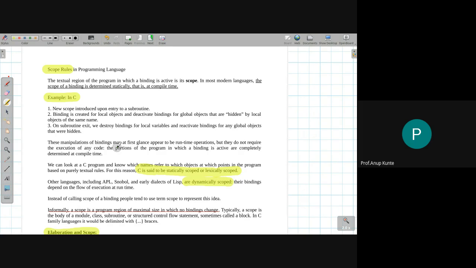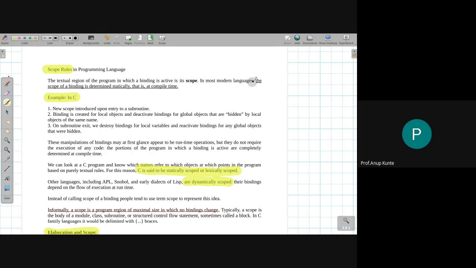So a set of scope rules in a programming language decides when in the program a particular binding is active. The textual region of the program, a static region of the code in which the binding is active, is called scope.